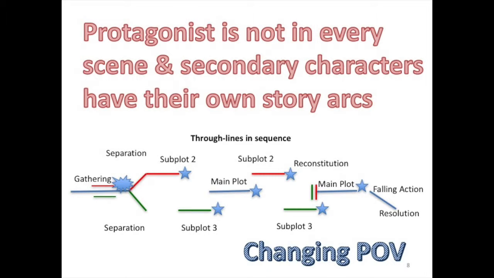In this example of how the story is physically written on a piece of paper, I call it through lines in sequence, where you do have a main character and a main story arc, but individual chapters are told from different points of view. If you wanted an example of this format, we'll just look at Lord of the Rings.